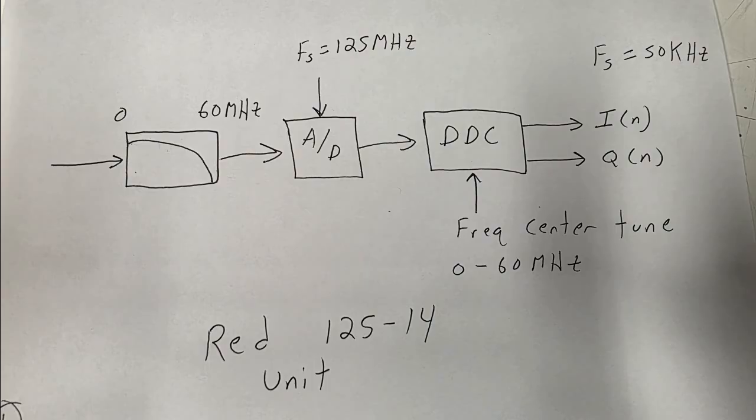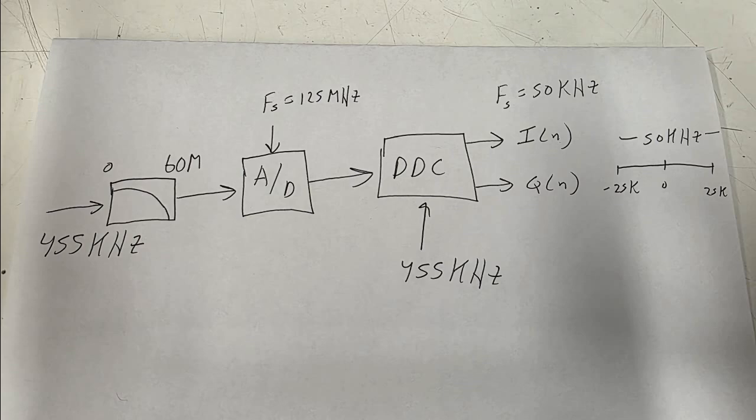So let's go through an example of how we would use that for a signal. Let's say we have a 455 kilohertz IF signal out of some old radio, and we want to digitize it and get it into SDR software. So if we were to use the Red Pitaya, basically you would just put the 455 kilohertz signal through.